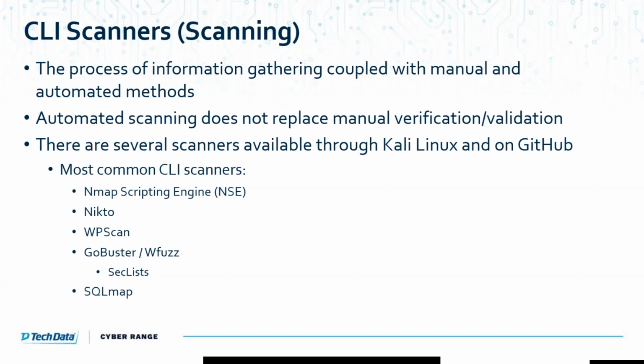So there are many different scanners and utilities available in Kali Linux. And furthermore, there are tools on GitHub. The most common CLI scanners that are used are Nmap's scripting engine and Nmap, Nikto, WPScan, GoBuster and WFuzz. Now, GoBuster and WFuzz, some could say are not specifically CLI scanners.